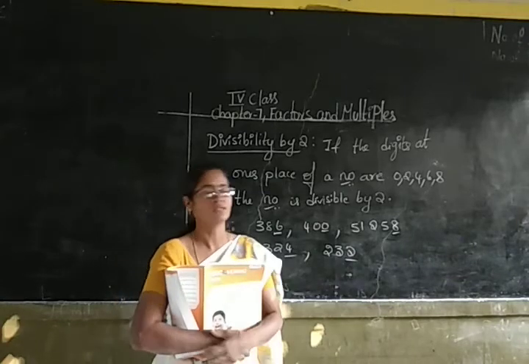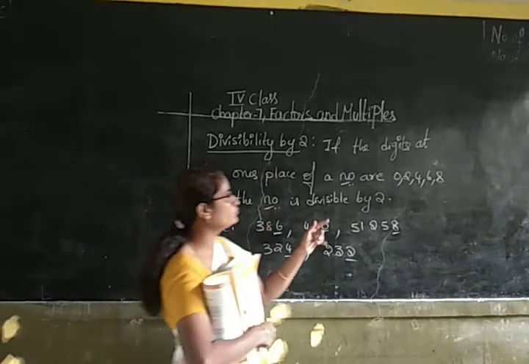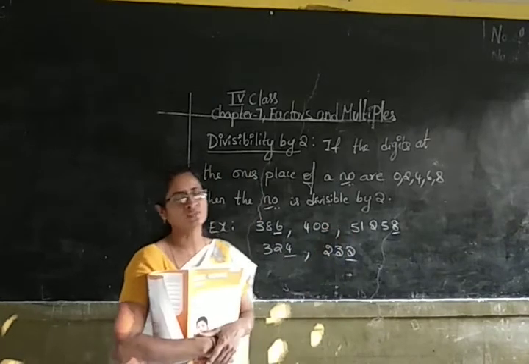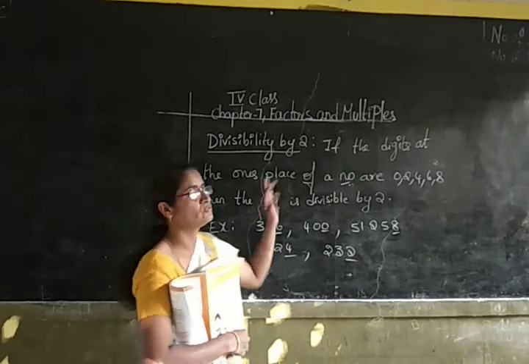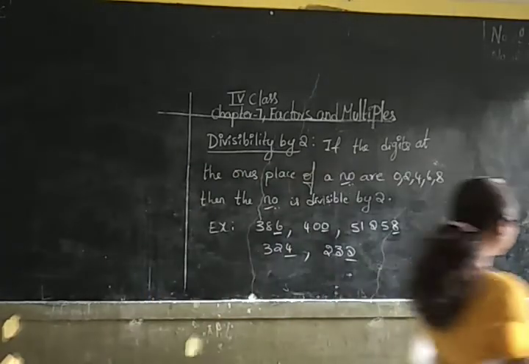Did you understand, children? The numbers which have 0, 2, 4, 6, 8 in their ones place are divisible by 2. So this is the divisibility rule for 2.